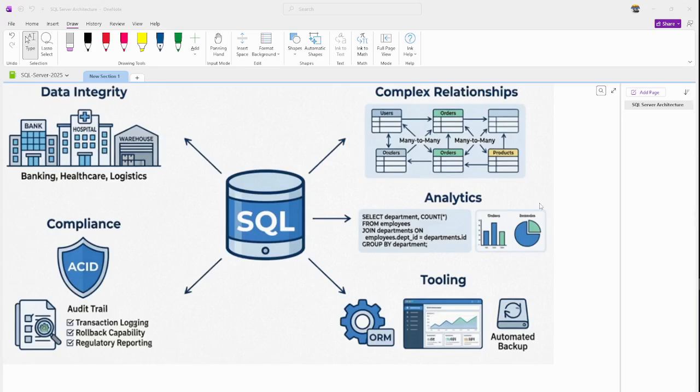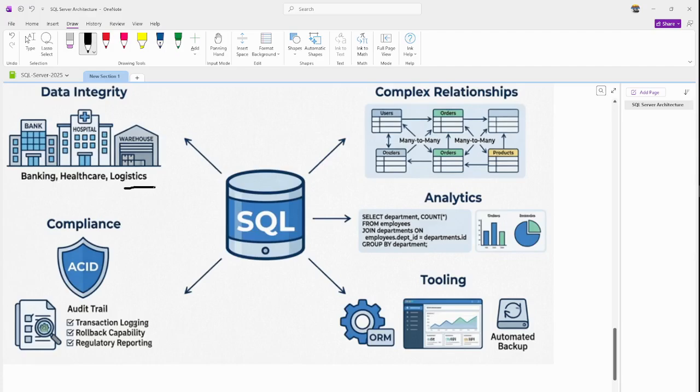Okay, let's understand the ACID properties here. What exactly are the ACID properties? Okay, let's see the data integrity part. SQL database is an optimal choice for a structured, reliable and standardized way to manage the data.